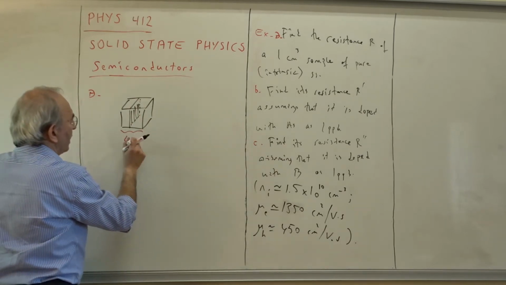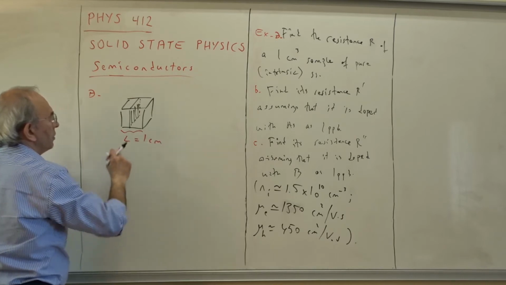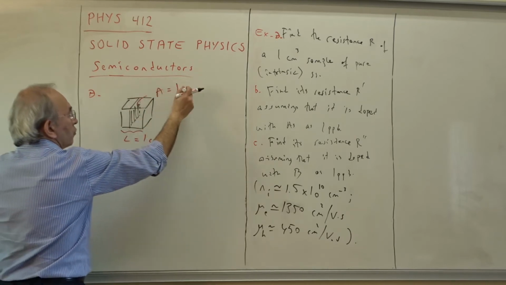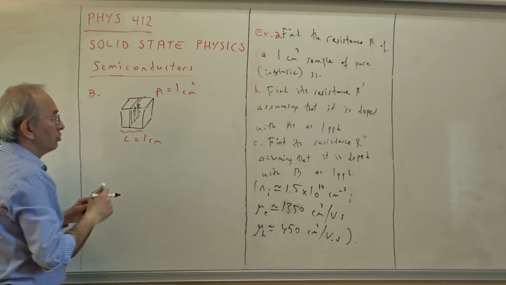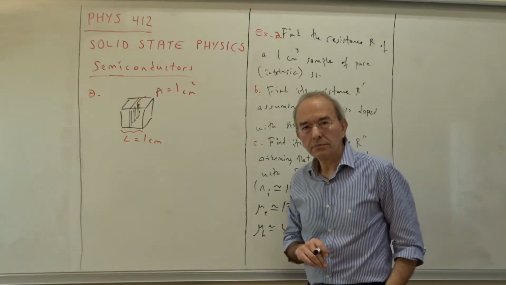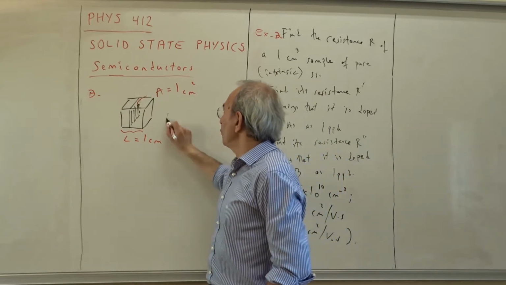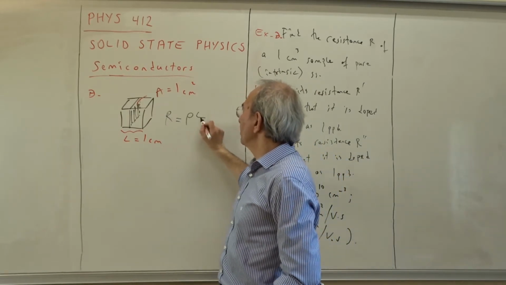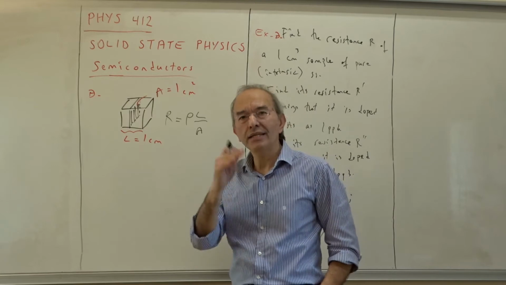L is equal to 1 centimeter. Cross-sectional area is equal to 1 centimeter squared. So the volume is 1 cubic centimeter. And we know the formula R is equal to rho times L over A. L is 1, A is 1.